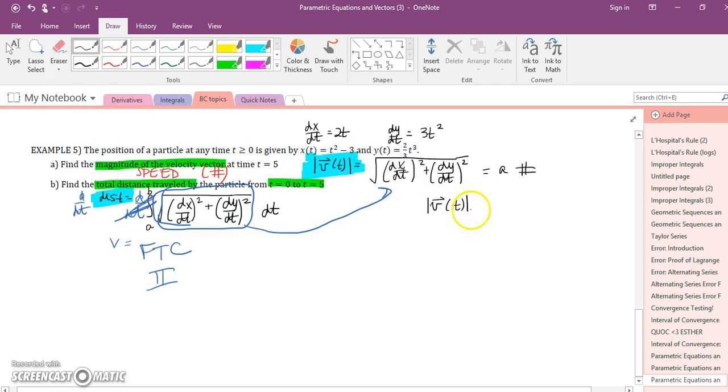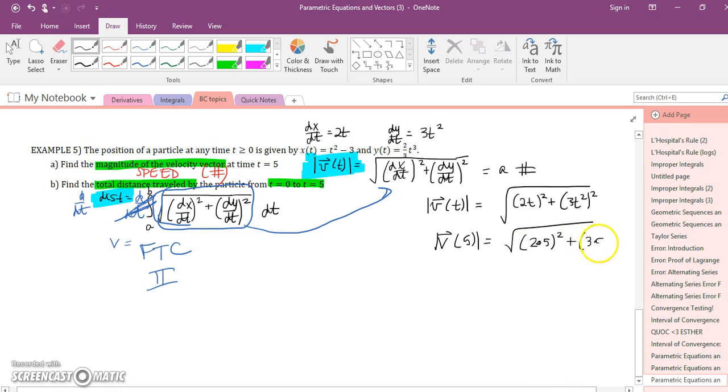I want the velocity here. That'd be the square root of dx dt, which I already found. So dx dt squared plus dy dt up here, squared. Now I want the speed at 5 seconds. So that'd be the square root of 2 times 5 squared plus 3 times 5 squared squared.